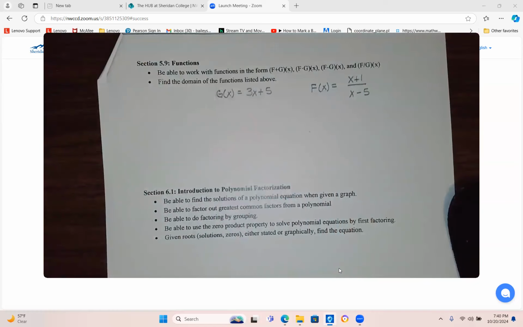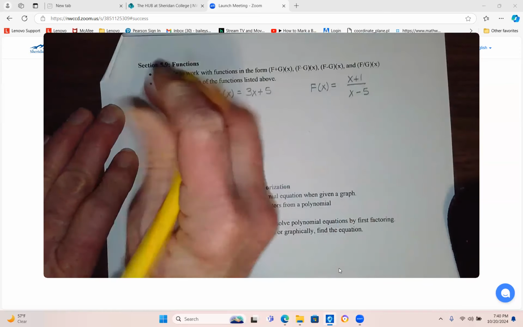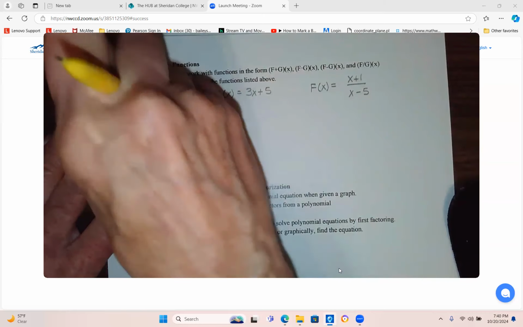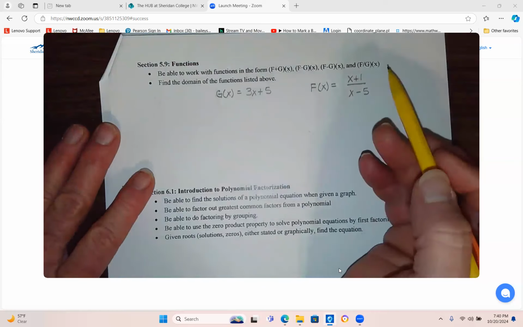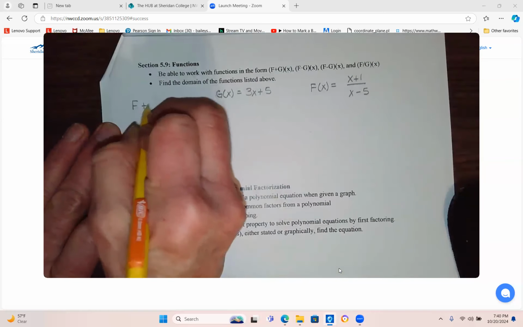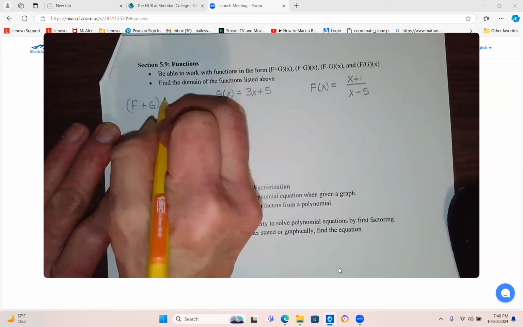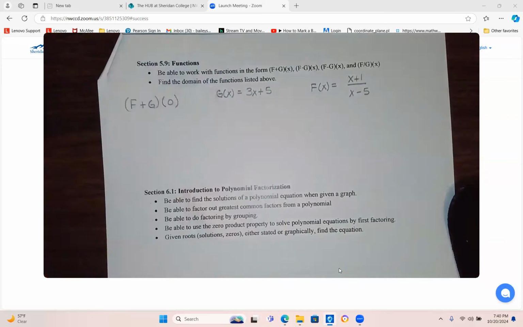All right, so if you wanted to find f plus g of 0, let's say make our x's 0. How would you do this? What would be the easiest way to do this?